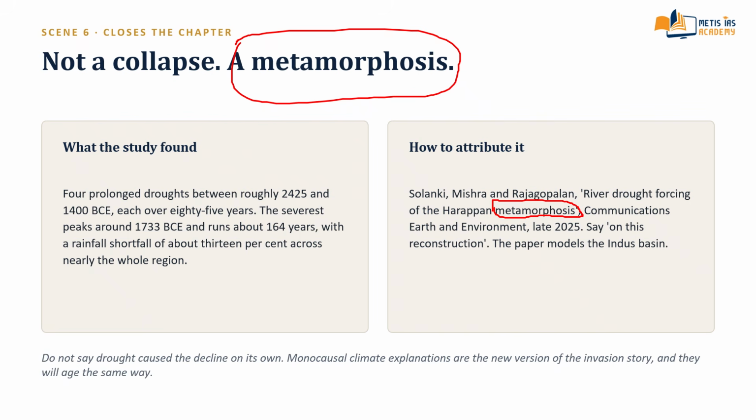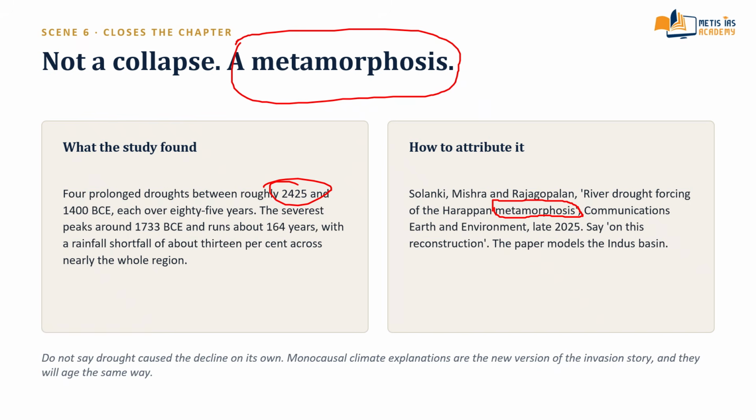The reconstruction finds four prolonged drought phases between roughly 2425 and 1400 BCE, each lasting over 85 years, with the most severe peaking around 1733 BCE and running about 160 years.